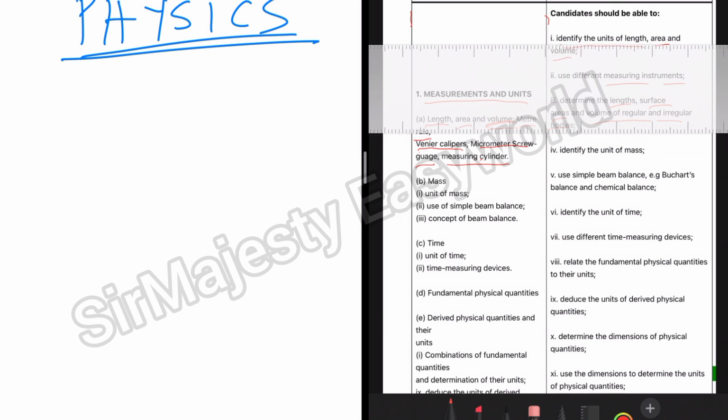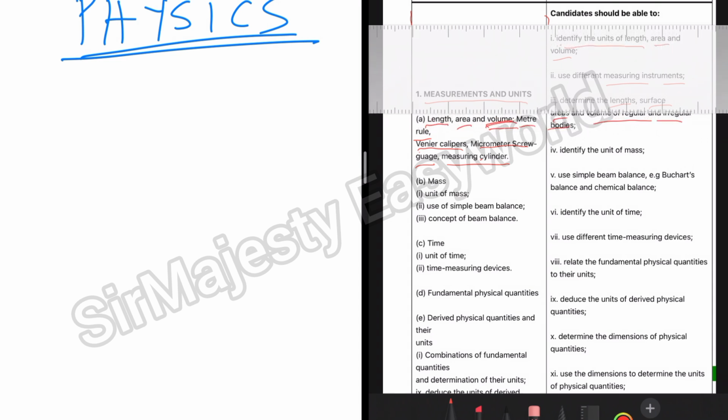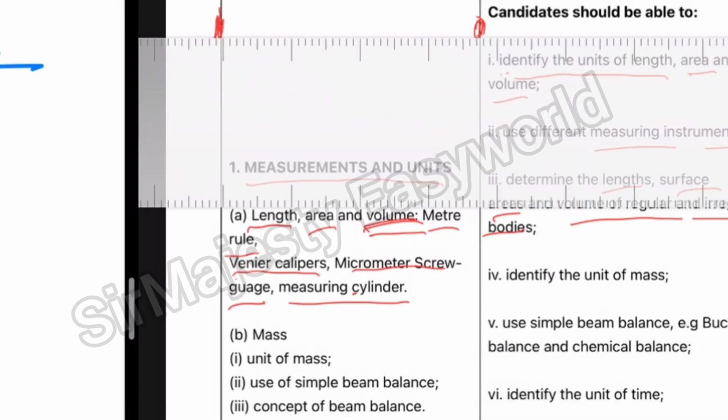Unfortunately, this meter rule has no readings, but go to the extreme left, usually the zero reading. Let it align with this point here. Our zero has to fall on here. Whatever reading I have here is going to be the length of the line.